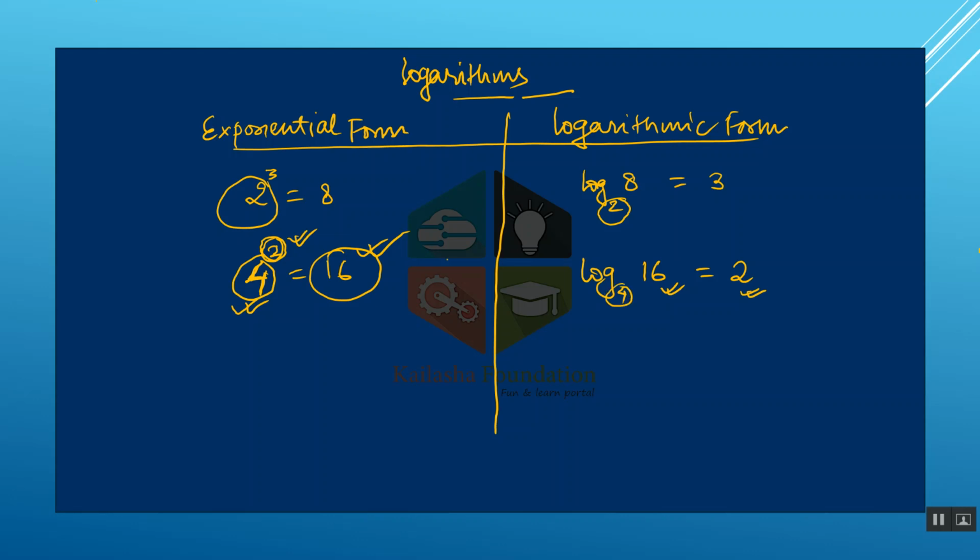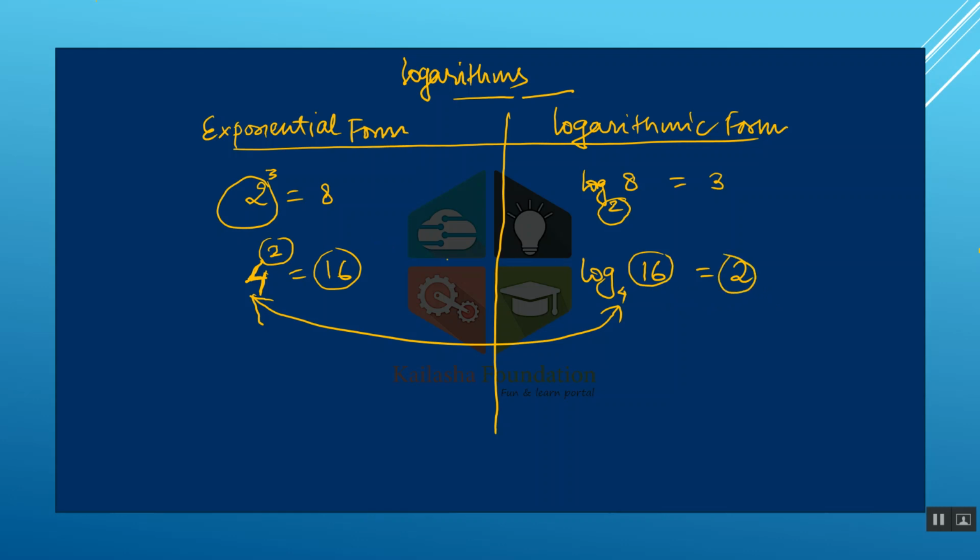So in both these forms, this 4, which is the base, is neither input nor output. 4 is neither input nor output, it is base. But this 2 and 16, in exponential form, 2 was input, 16 was output. In logarithmic form, it is just reverse, 16 was input, 2 was output.